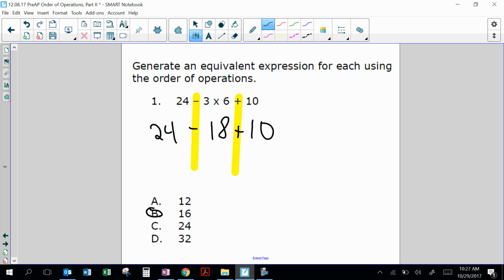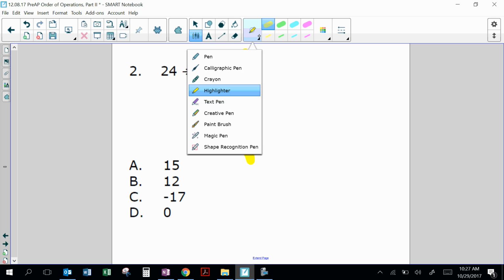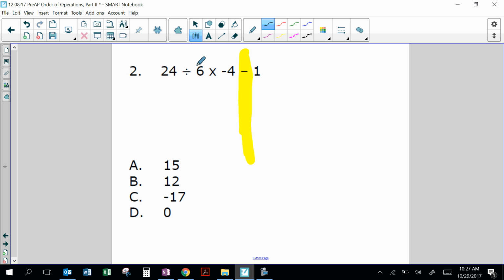So again, you highlight the operators of addition and subtraction and it breaks it into terms. Next one, let's highlight the operators. And here's an operator right there. So we have a first term and a second term. 24 divided by 6 is 4. 4 groups of negative 4. So 4 groups, or 4 times negative 4, is negative 16.